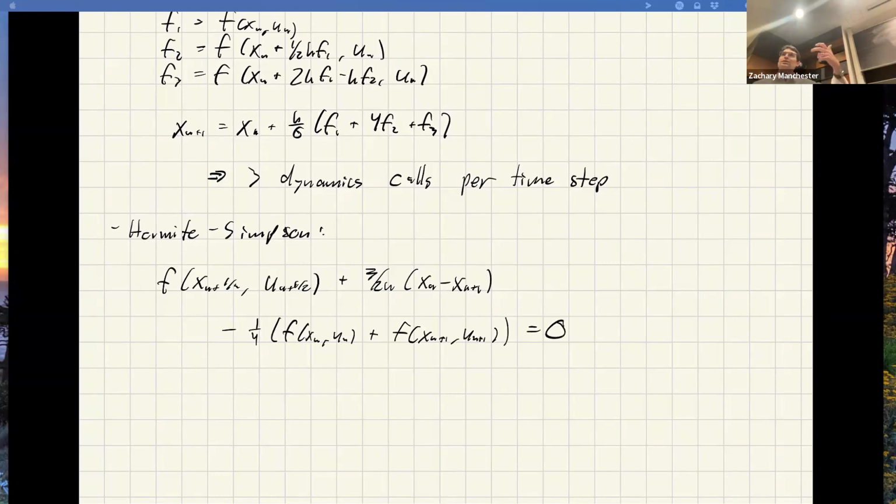Okay, so if I look at this constraint c_k at time k, and then this constraint at time k+1, the f of x_{k+1}, u_{k+1} calls between those overlap. So one of those calls is the same. If I do this over 2 time steps, I've got f at this knot point, f at this knot point, f in the middle. The next time step, the first f call is the same as the last f call from the one before it.